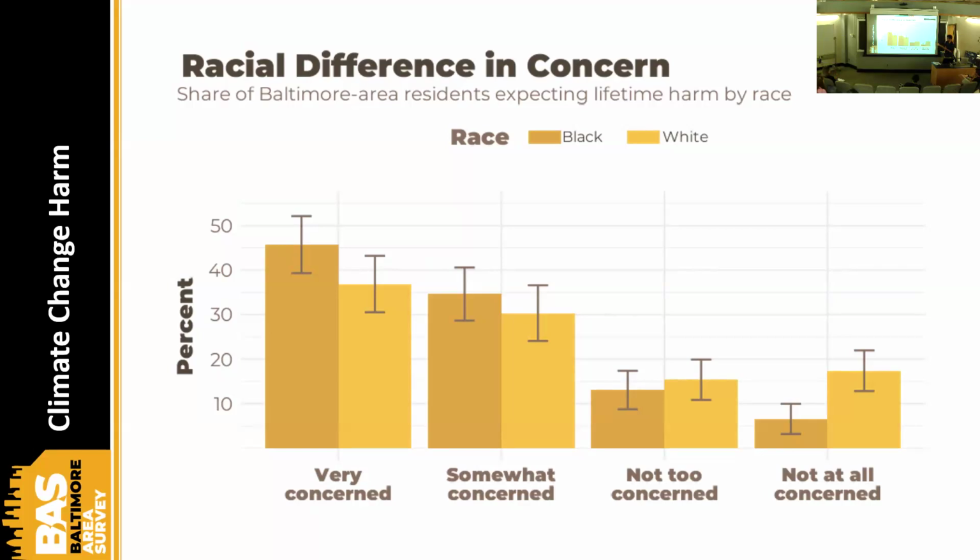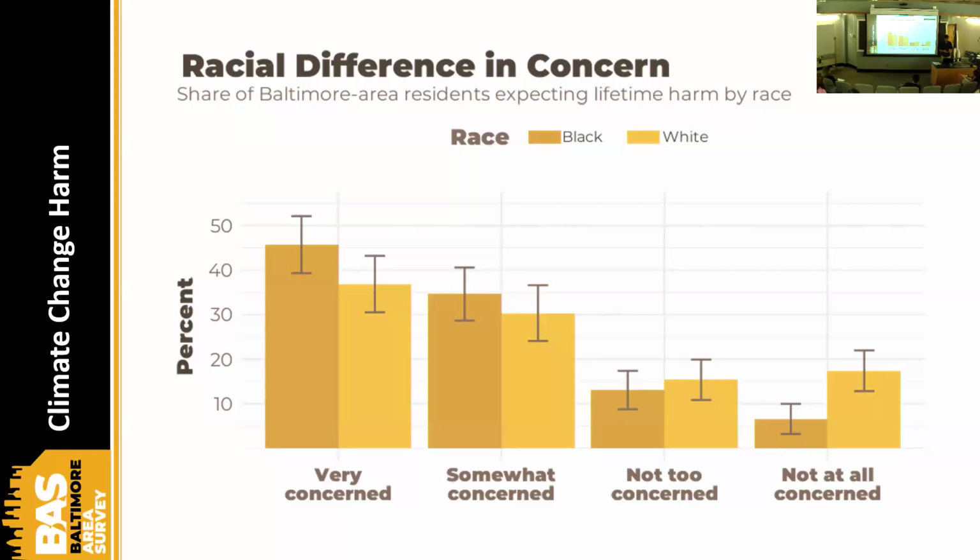So we see pretty much off the bat that at least on this side of the screen, white residents in the Baltimore area are 3 times as likely as Black residents to be not at all concerned. And just pivoting to this binary concern variable, when you club them together, you see that about 80% of Black residents are at least somewhat concerned compared to 67% of white residents.